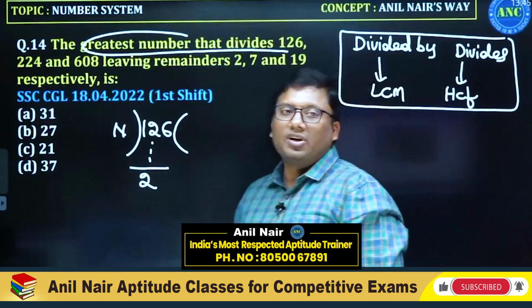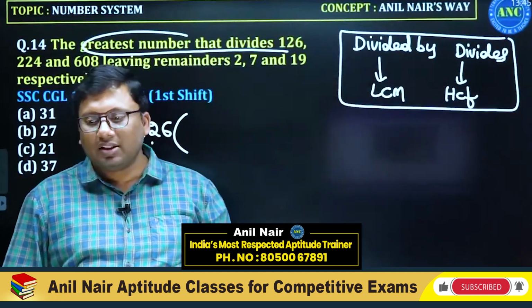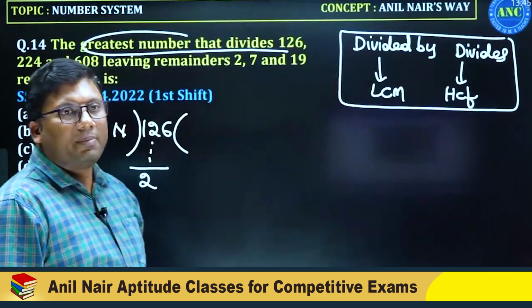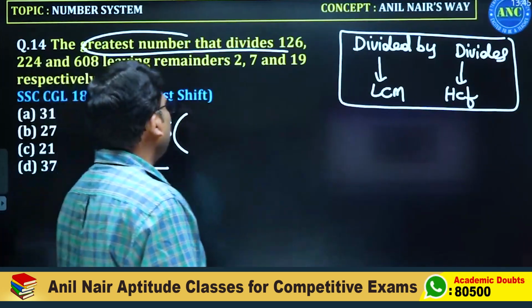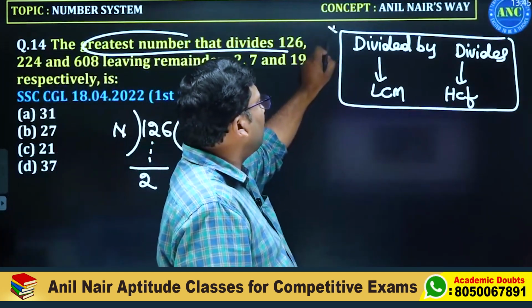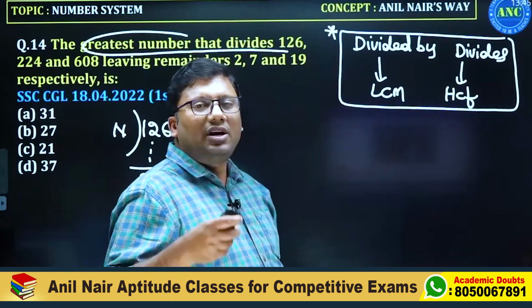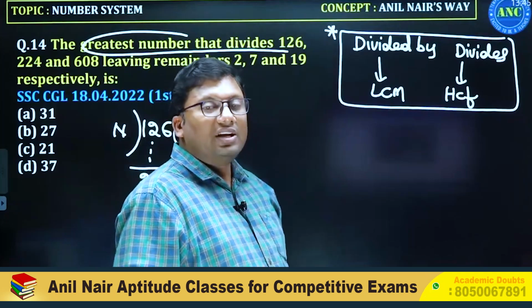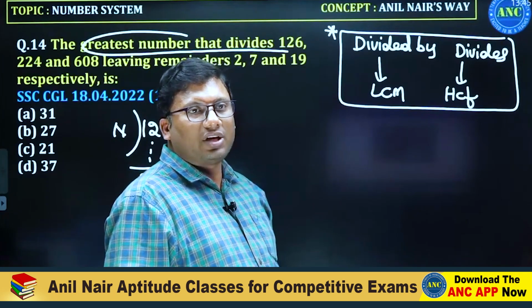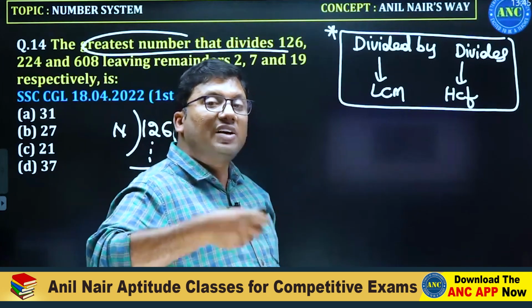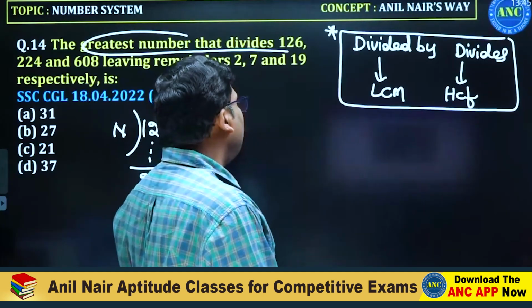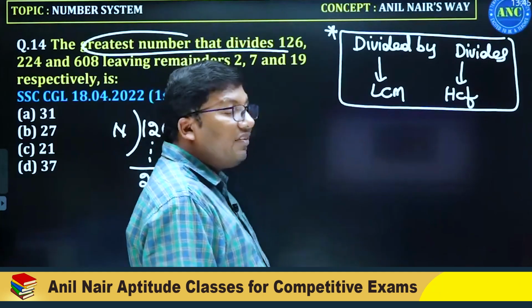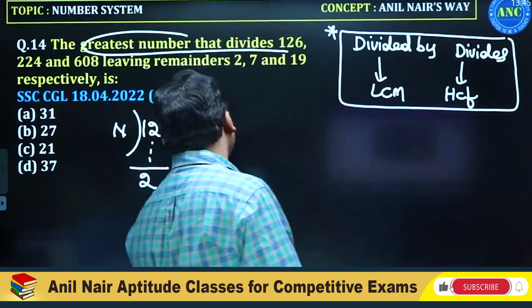The number which, when divided by 5 and 3, gives a remainder 2 is LCM of 5 and 3 into k plus 2. The number which divides a lot of numbers: divides is HCF, divided by is LCM.